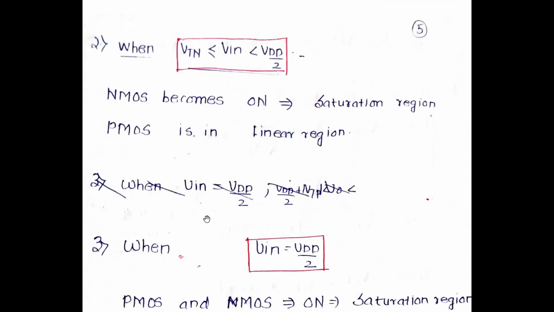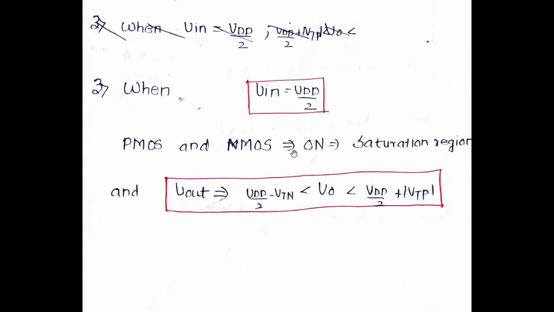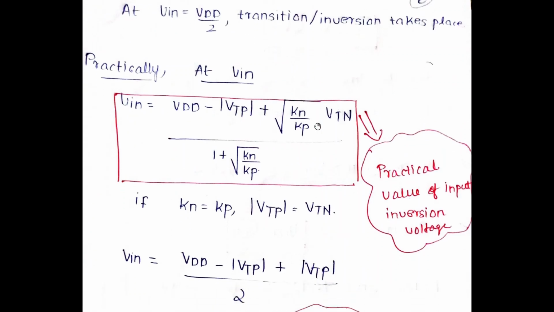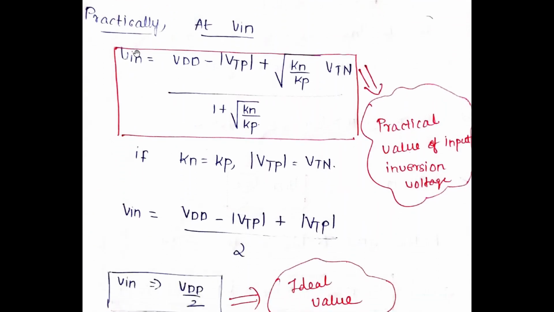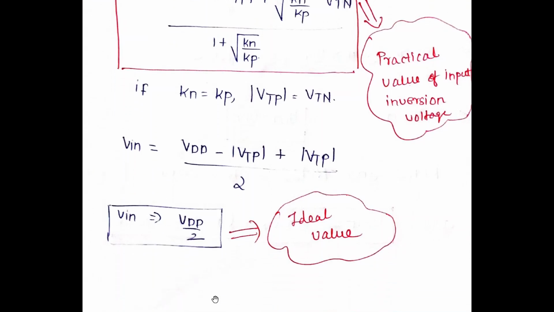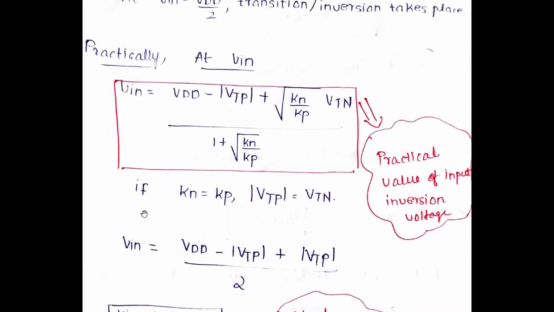Basically, Vin has this entire big formula. When I take the assumptions that Kn is equal to Kp and mod VTP is equal to VTN, my Vin becomes equal to VDD by 2, which is the ideal value, and the formula gives the practical value.